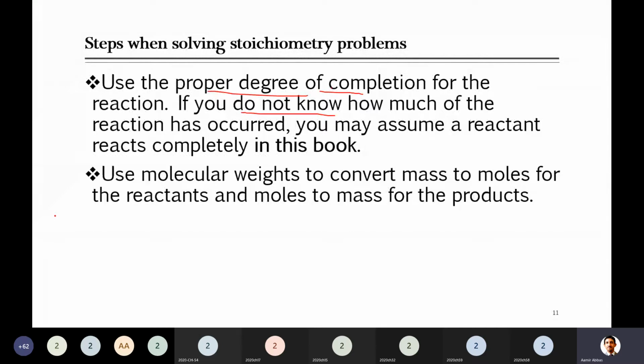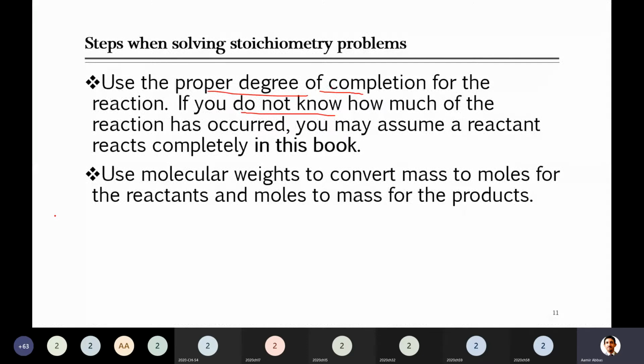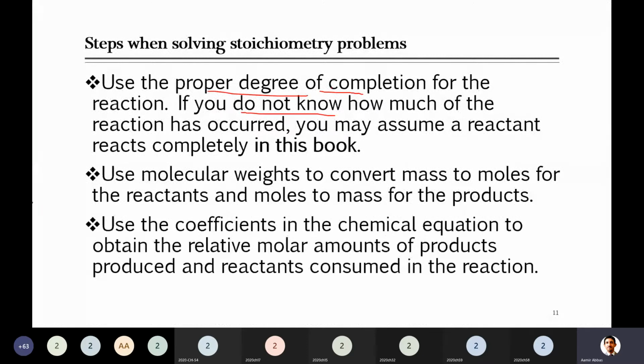For these 50 moles of CH4, what will be the mass in grams? 16 into 50, it will be simply 800 gram. You multiply 50 moles by its molecular weight, that is 16, so 50 into 16 is 800 gram. You will need these interconversions from mole to mass or mass to mole, so take care of this while solving these problems.